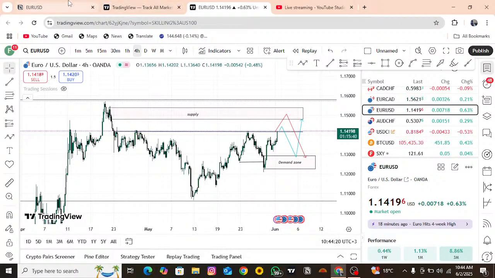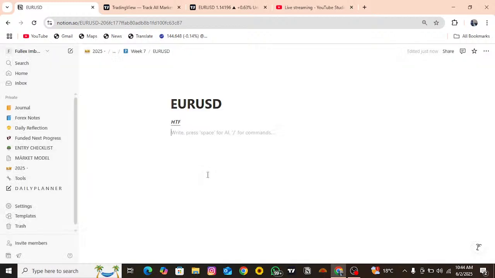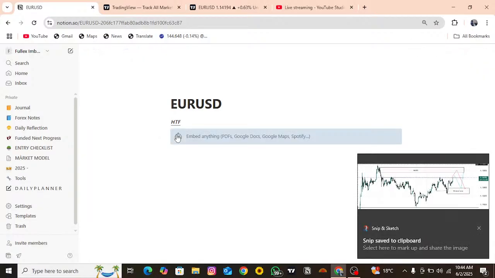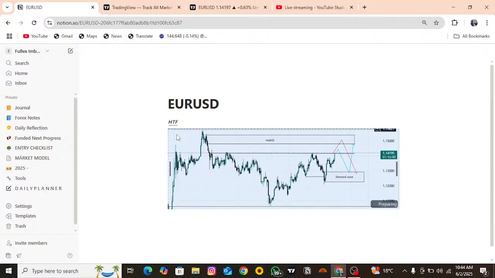Like that. Then you go to Euro USD, higher time frame. Then I come and I paste here. So my higher time frame.